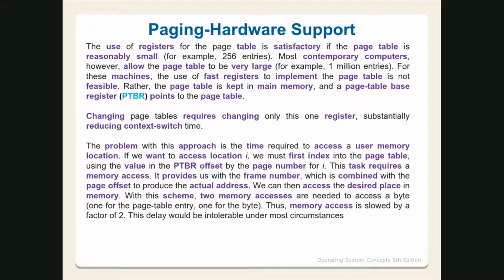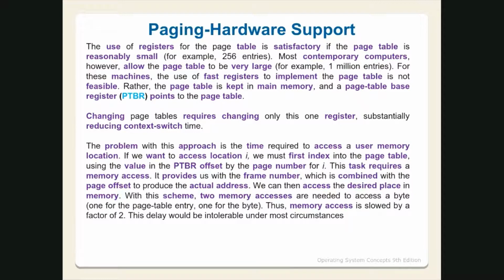Instead, you keep the page table in main memory, and a page table base register, which we call PTBR. There is a register called the page table base register. It points to the page table, which is in the memory. This is the good idea.